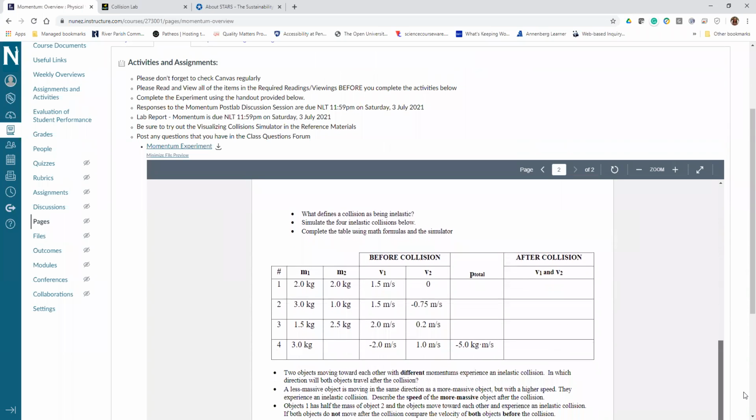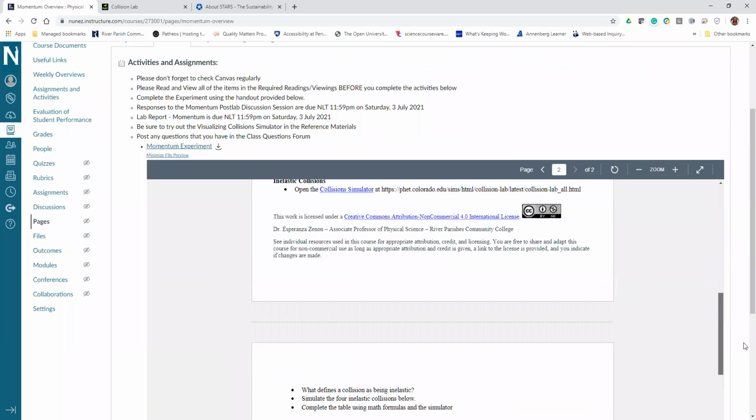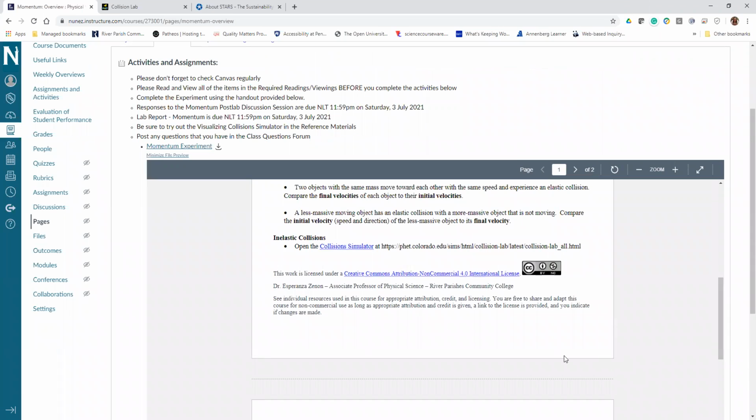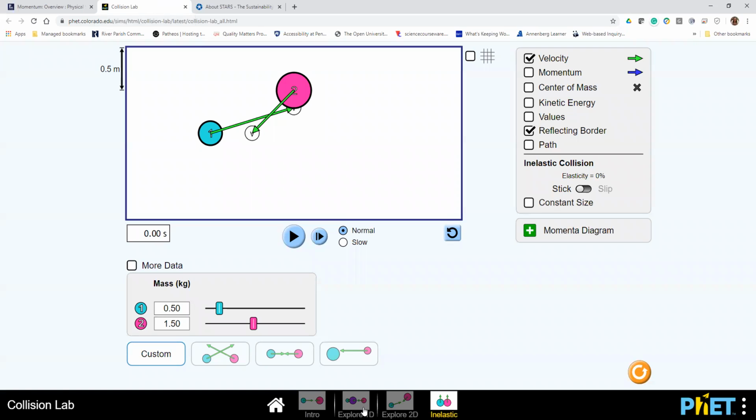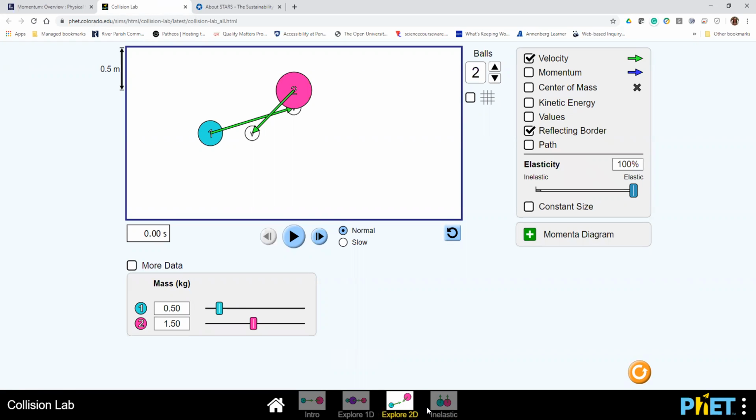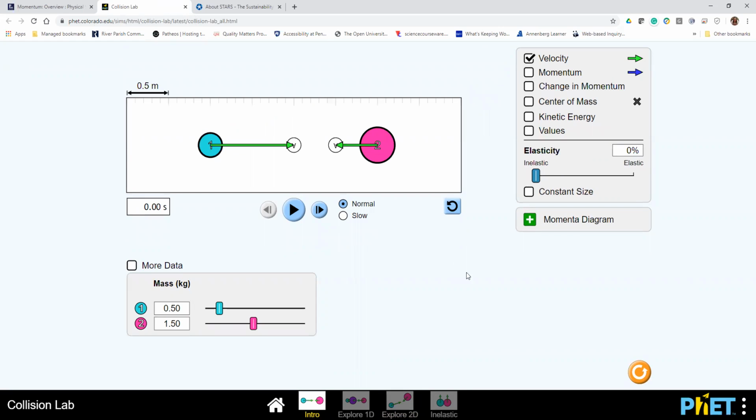For this material, you will most likely be using the intro setting, because the other is two-dimensional, and we don't even cover that in lecture class. So just focus on the intro setting, the one-dimensional setting.